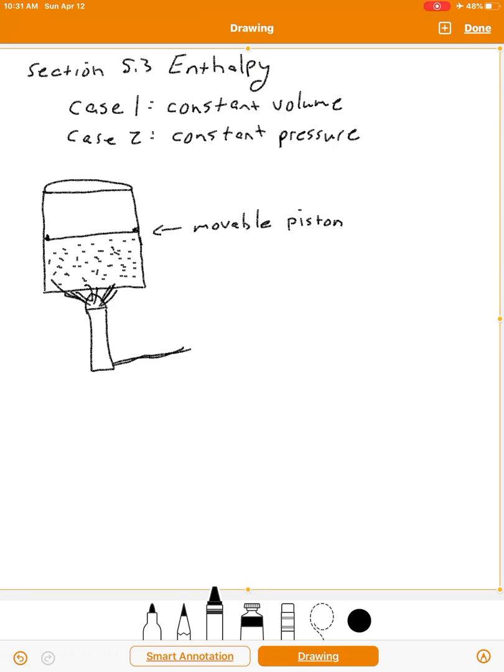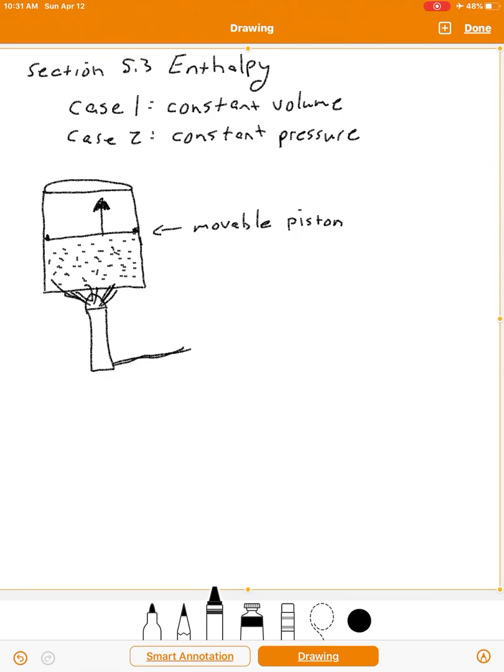The second would be for those gas molecules to push that piston up against the air, pushing against air pressure. And if that piston is locked into position, it can't do that anymore. It can only stay rigid. It can only stay there in that one spot.